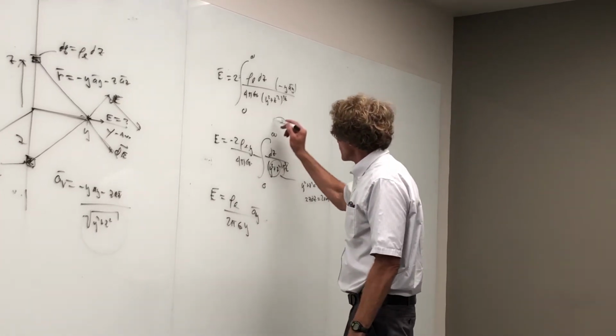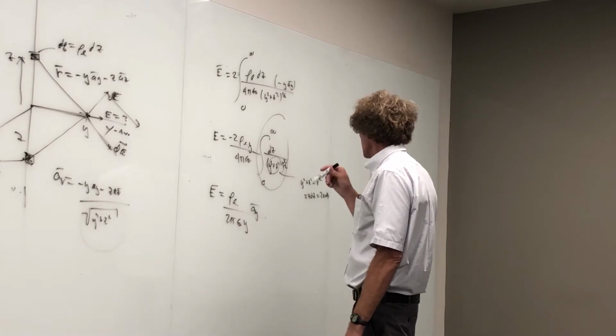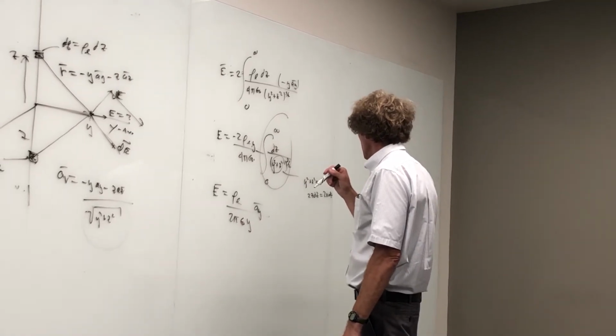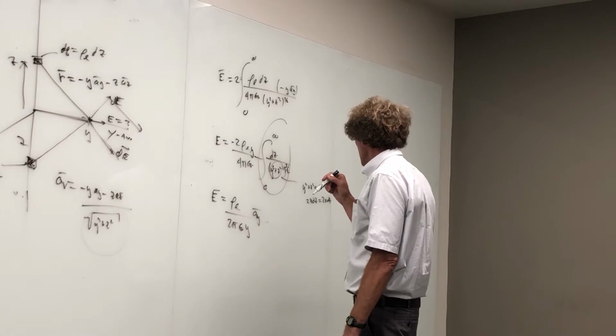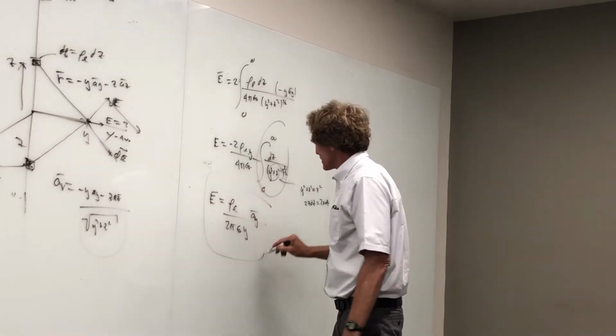Anyway, this integration would be that, r squared to the 3/2, r cubed. And this is what it will come down to when it's done.